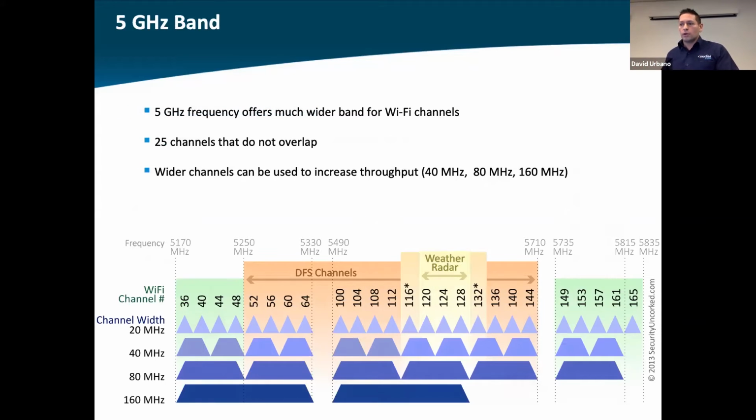In terms of 5 gigahertz, so we went from 2.4, now we're doing 5 gigahertz. The spectrum, what we have available to play with, is wider. It is better since we have basically 25 channels that do not overlap, as opposed to only 3 on 2.4. We have a different spectrum here where we can add more throughput, not only because we have wider channels, we have from 20, 40, 80, and even 160.